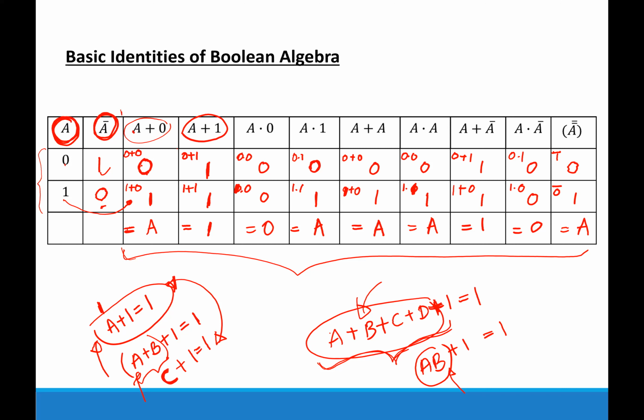And for multiplication, if at least one input is equal to 0, the output is equal to 0. And if all inputs are equal to 1, we get output equal to 1, okay? Only very simple things you need to remember. So if you can remember those things, you can easily get answers, okay?